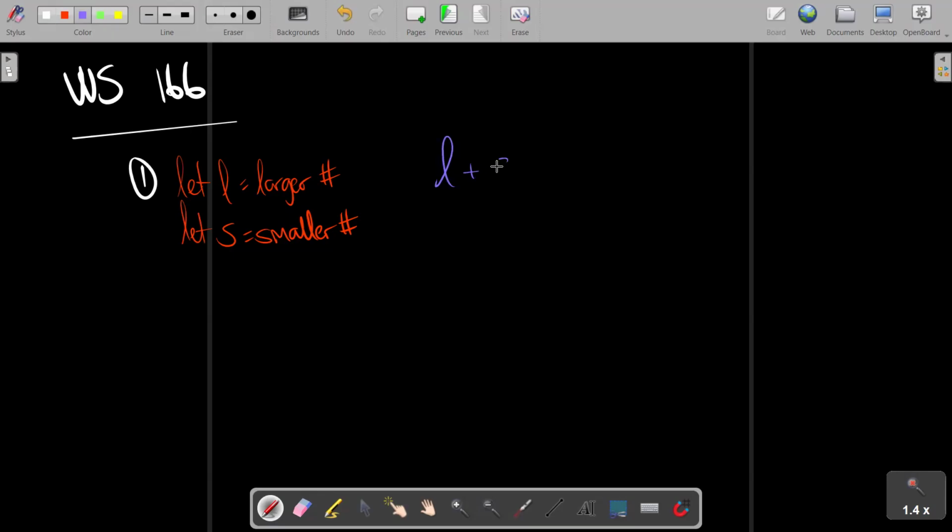So L plus S equals 90. Thank you for saying that. How about the second equation? L minus S equals 18. Larger number minus smaller number equals 18. Because we're told so, it's quite literally there in problem 1, right? Okay. And the S's would cancel out.